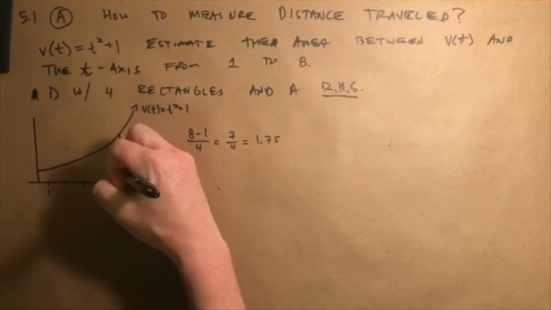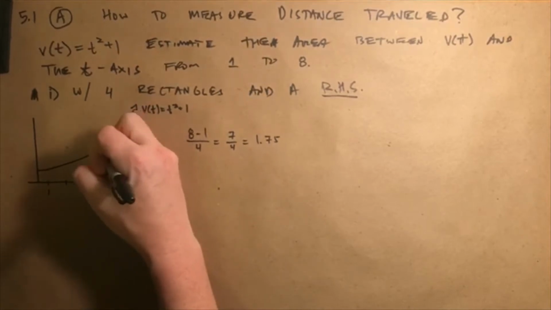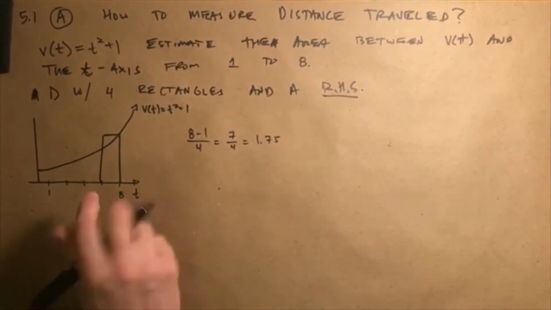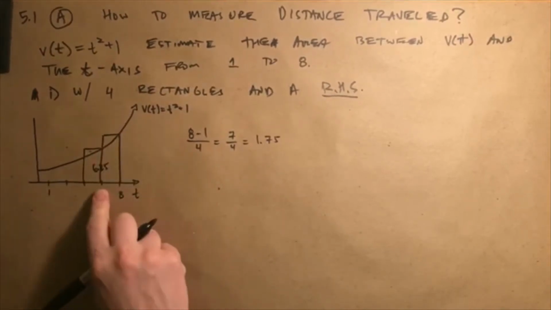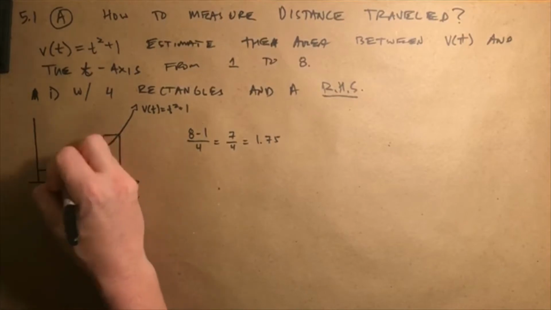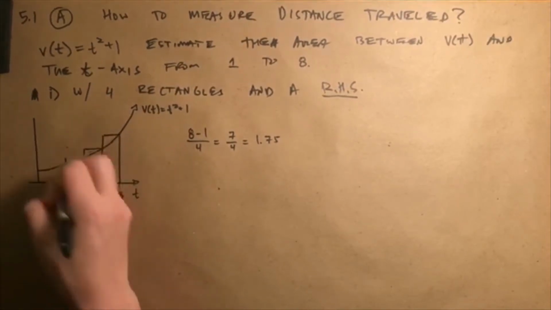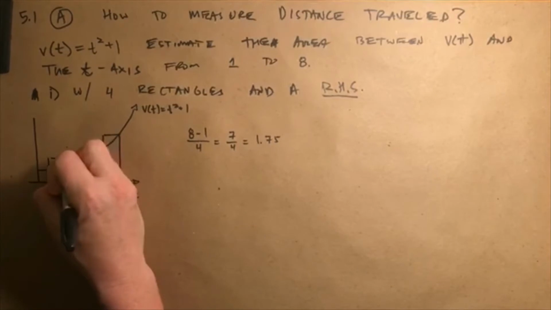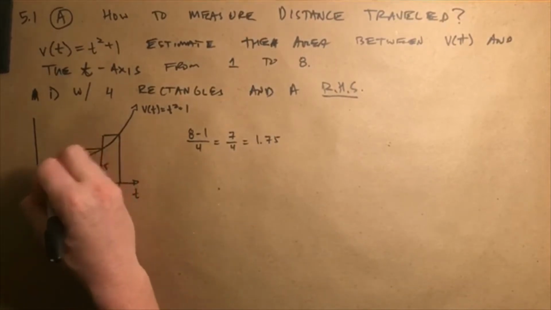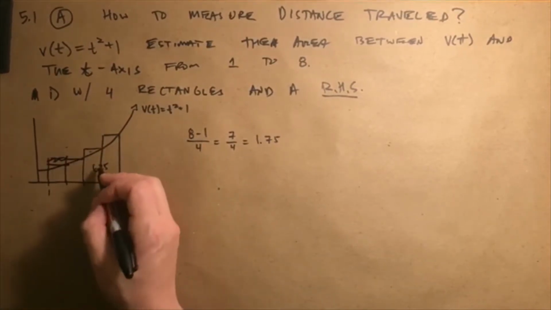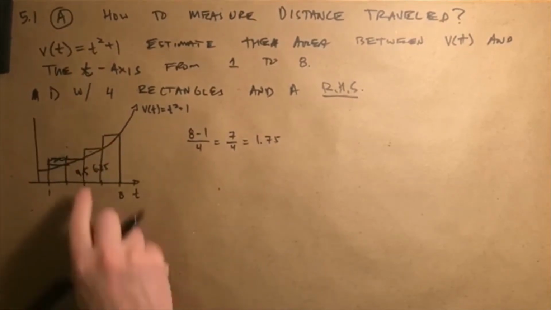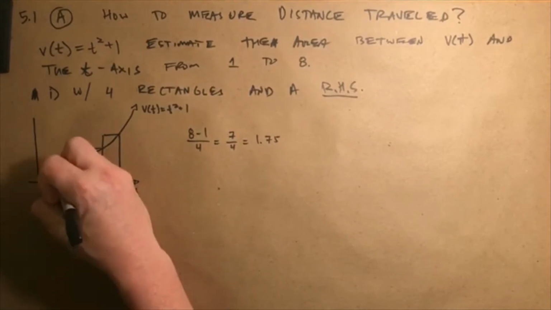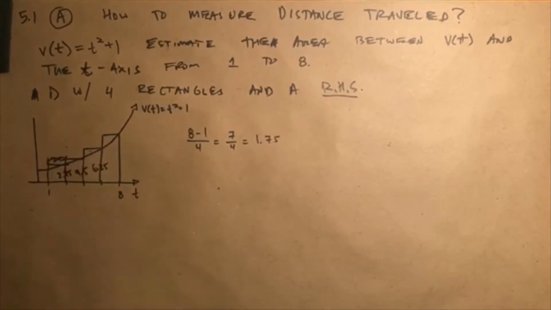And so I'm going to be using 8. I'm going to be using 6.25. That's 1.75 less. I'm going to be using 4.5. And I'll use 2.75 as my 4 heights for my rectangles.